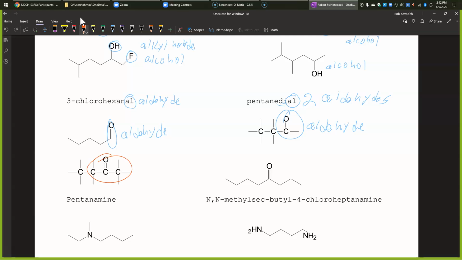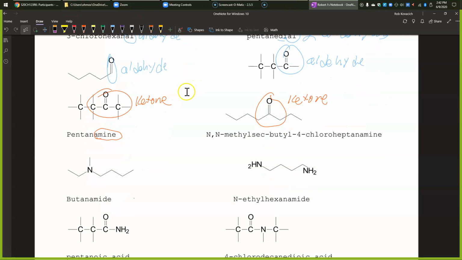So this right there is a ketone. That is another ketone. This one's super easy. It's an amine. It actually just says it straight away. This one has side chains, just an amine and an alkyl halide.